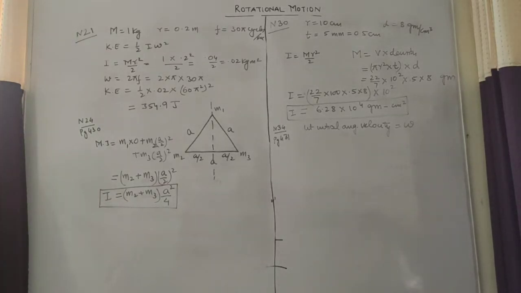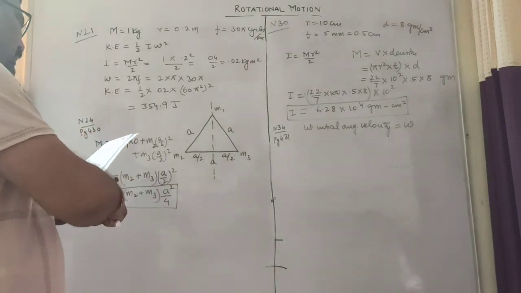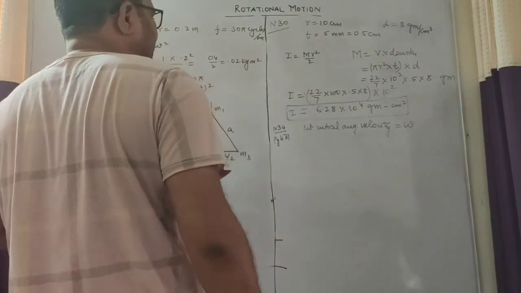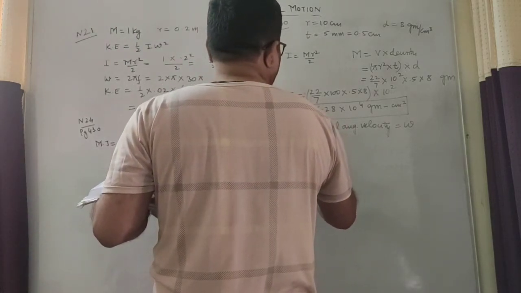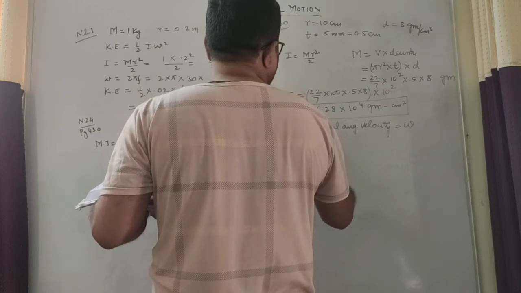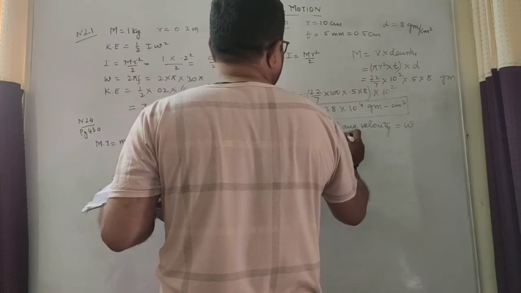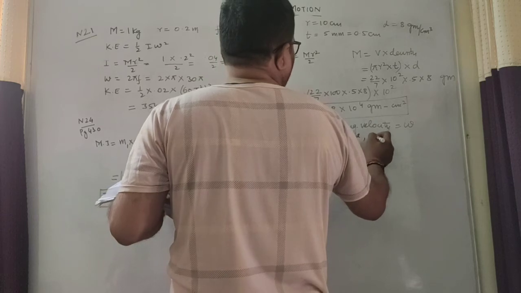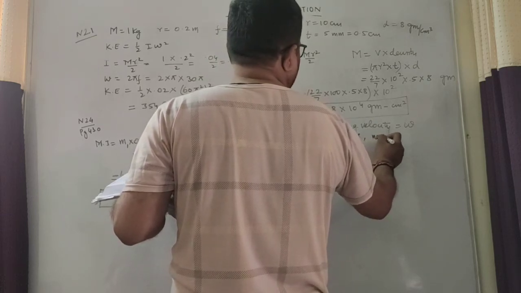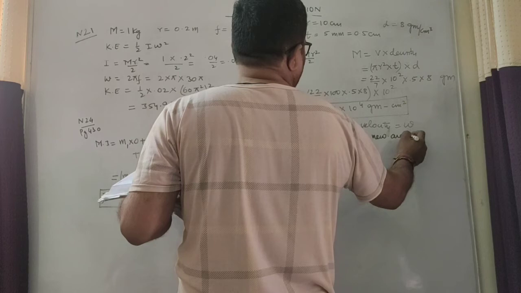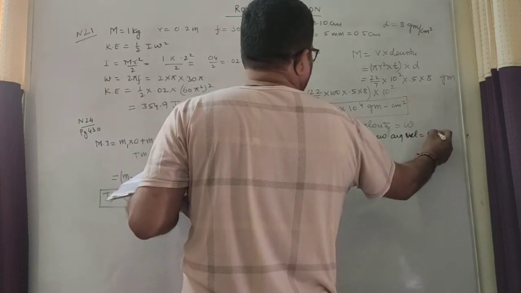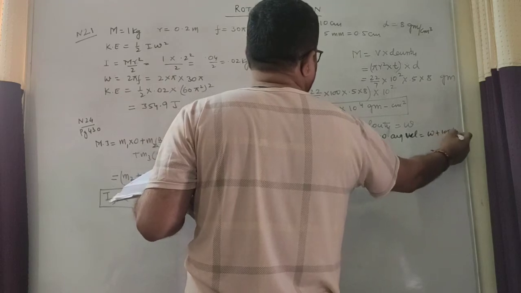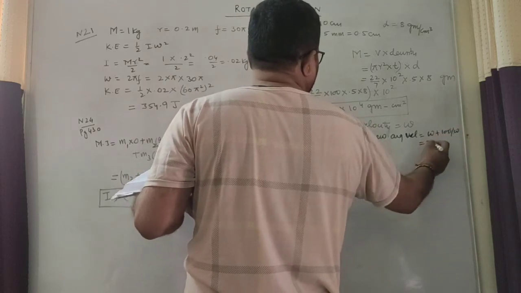Then the question says, if the angular velocity of the revolving wheel is increased by 100%, therefore after a 100% increase, the new angular velocity is omega plus 100% of omega, that is 2 omega.